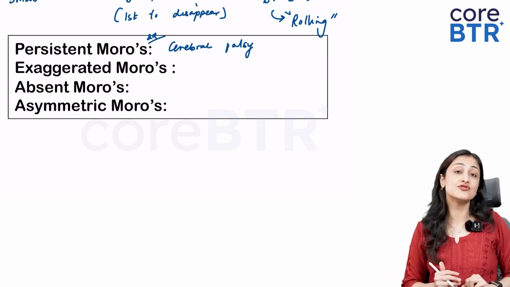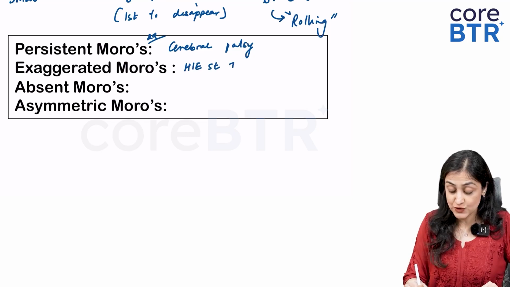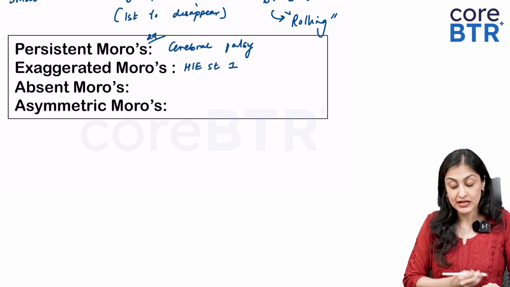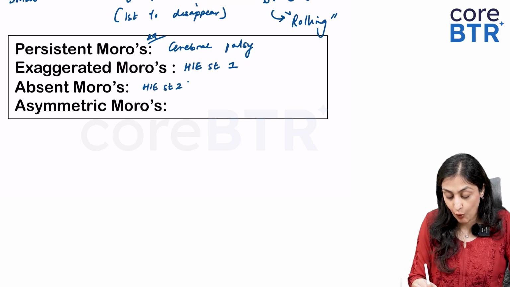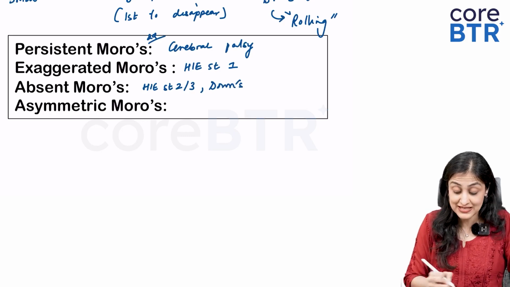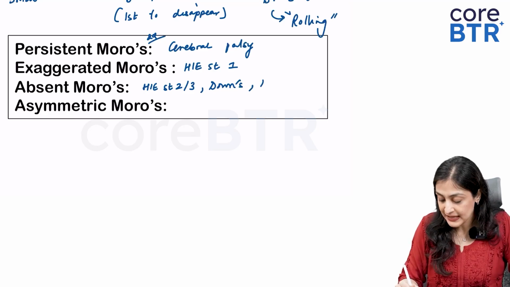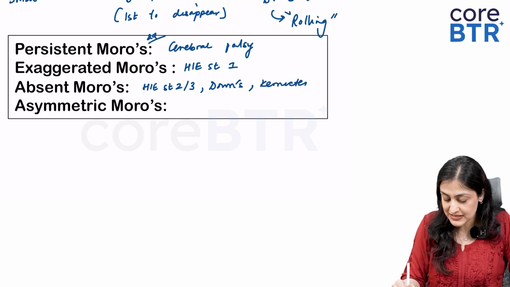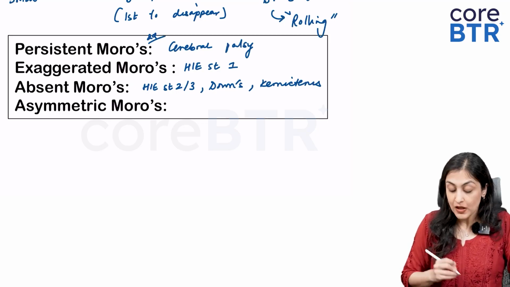If it is exaggerated Moro's, remember HIE: this is HIE stage 1 where it will be exaggerated, whereas absent in the later stages, right? So stage 2 or 3 would be a better answer. In Down's also Moro's is absent, very, very important, because of cortical immaturity. And in kernicterus also we can see it is absent because the basal ganglia has been affected.